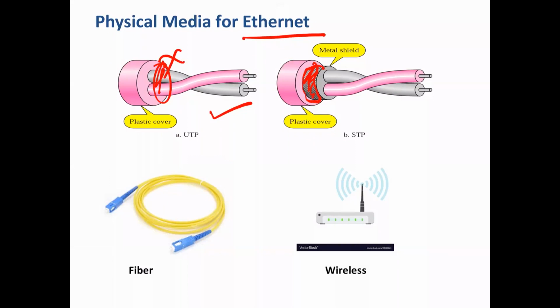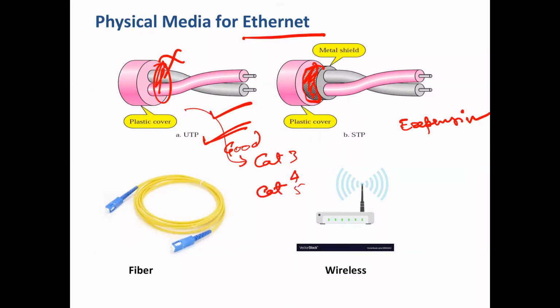But this is expensive, so it's not in use. People found that UTP, unshielded twisted pair, is usually good for most applications. Within that there are categories: Cat 3, 4, and 5 is the most popular. Most of our needs are met with Cat 5, and now there is almost up to Cat 8. So quality is improving, and hence the speed.